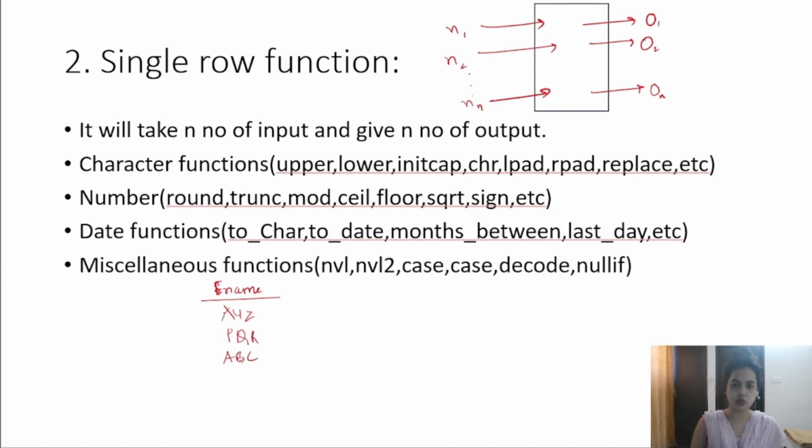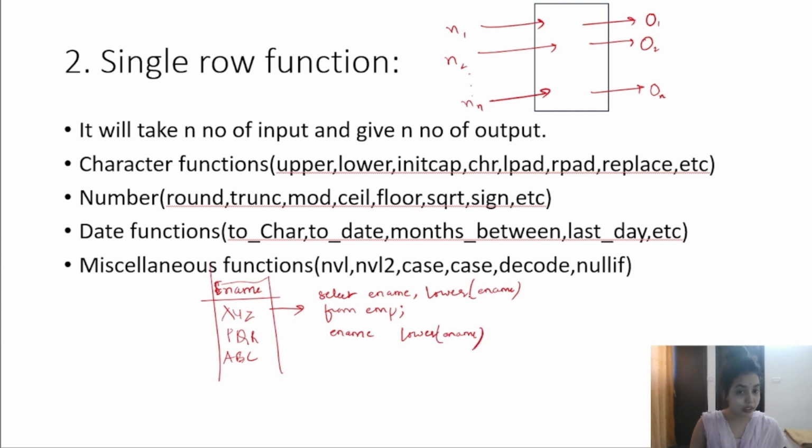Now I'll apply a single row function here. Select employee name along with the lower of employee name from EMP. How will my output look? I'll get 2 columns: one is employee name and one is lower e name.